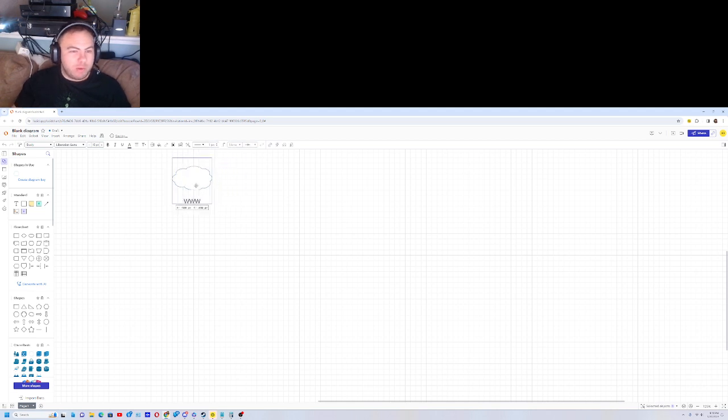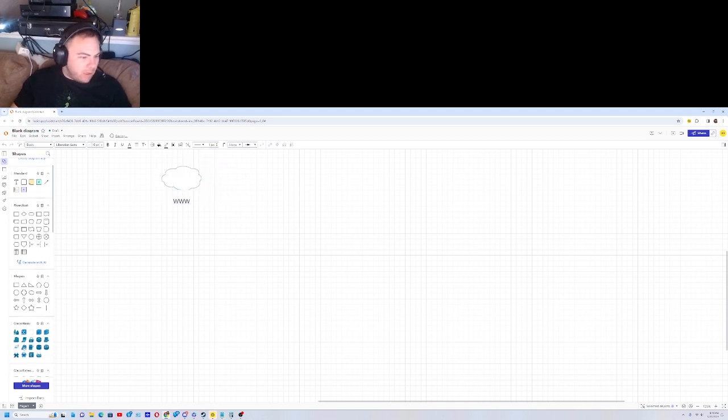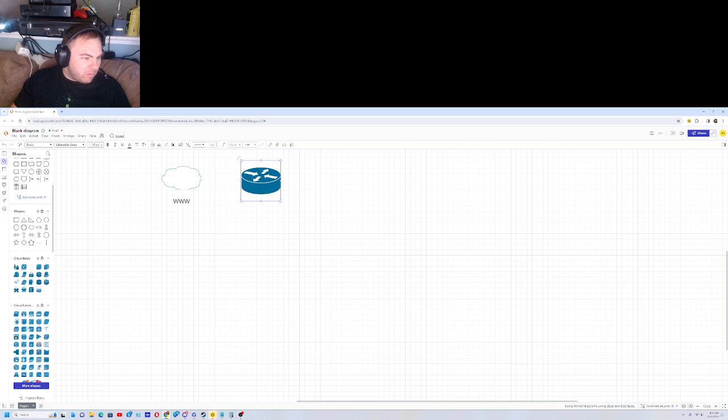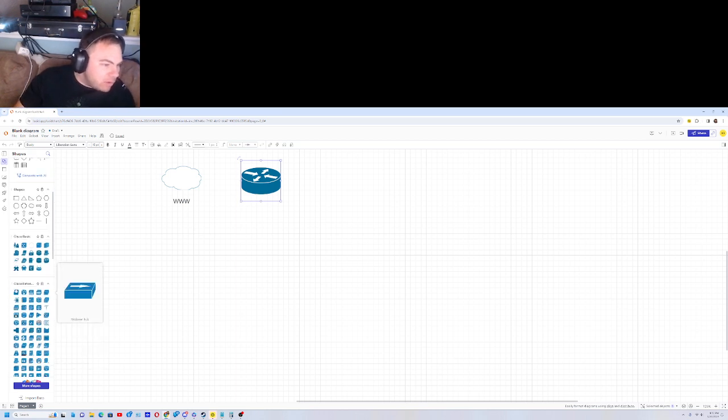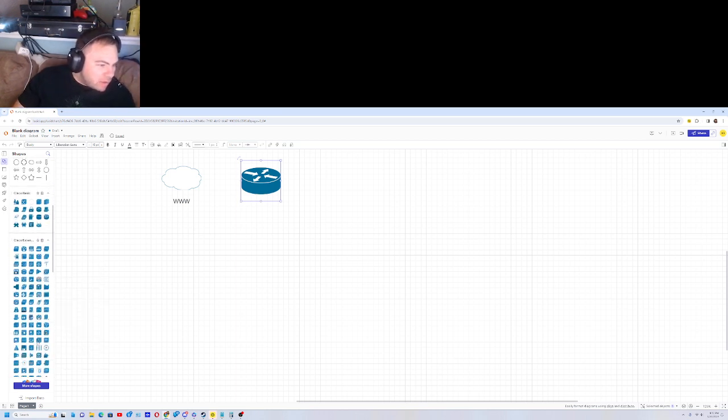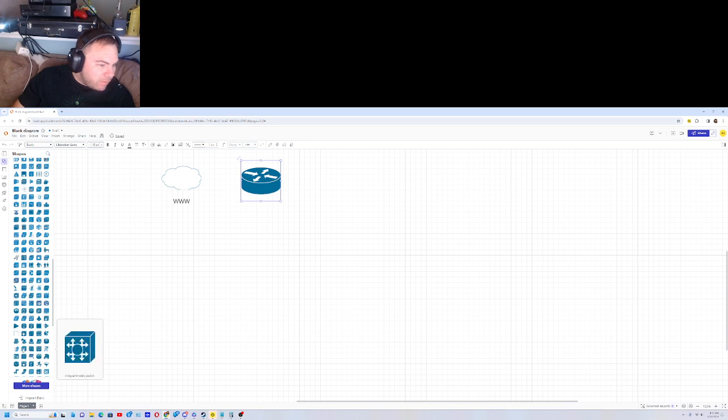Next up, we're going to create our basic network structure consisting of a router and a switch.